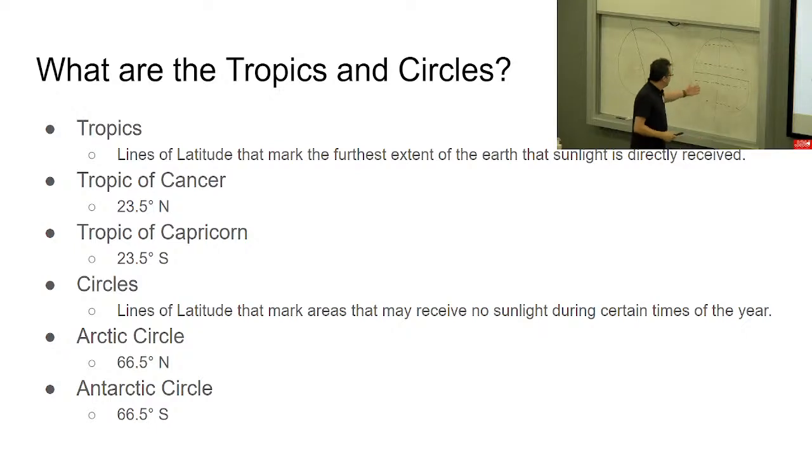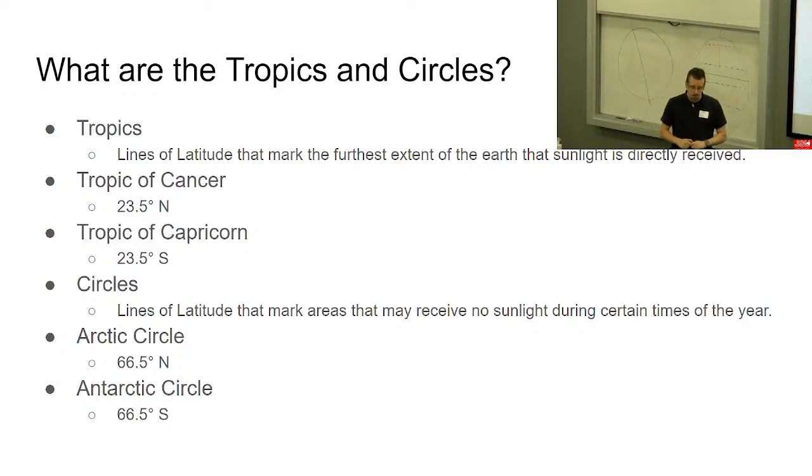And why are they here? Well, these lines mark the extent at which we have points where no sunlight is received at certain times of the year. That our tilt is so extreme at 23.5, right? That certain areas do not receive sunlight at all.